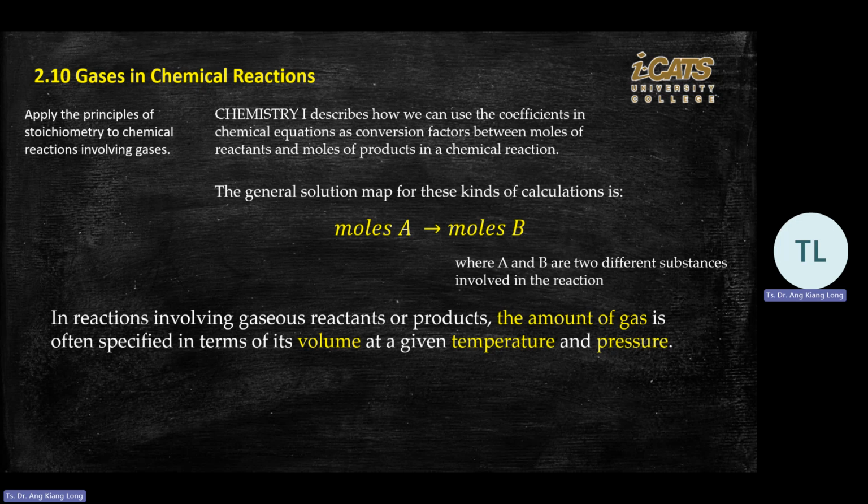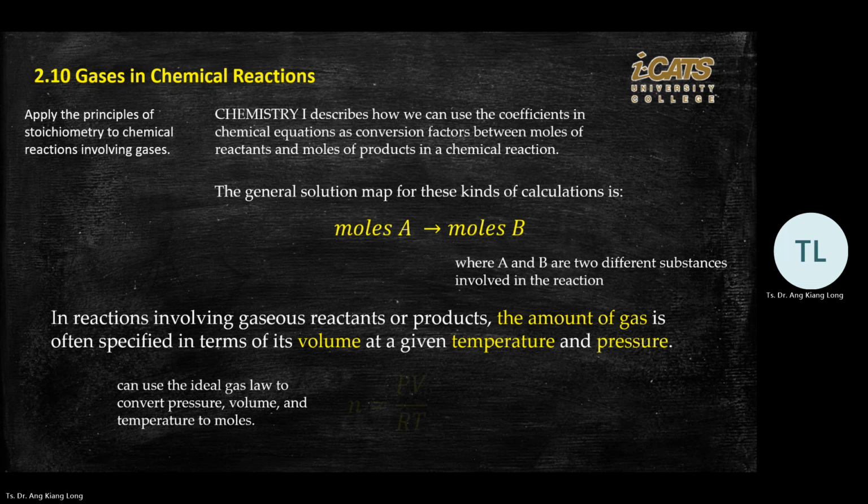Amount of gas is specified in volume at a given temperature or pressure. So if we are involved with volume and temperature, we need to recall the ideal gas law. In this case, PV equals nRT. Rearrange PV equals nRT, put your n on the left-hand side, then you will find the n.